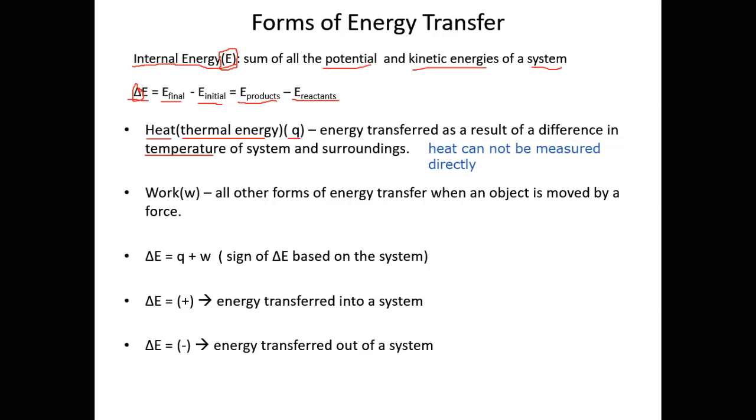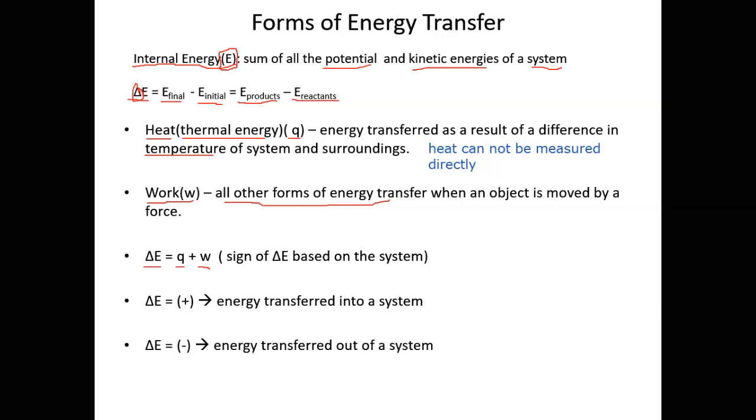Now, the other form of energy transfer is work, and we'll classify this as all other forms of energy transfer when an object is moved by a force. So these are the two things that make up the transfer of energy from potential to kinetic energy. And so if we want to find delta E, we just take the Q and W, the heat and work of a system, and add them together.